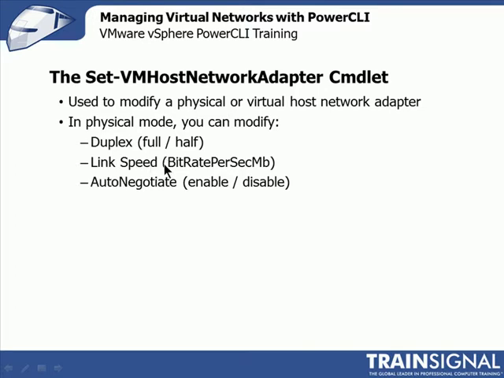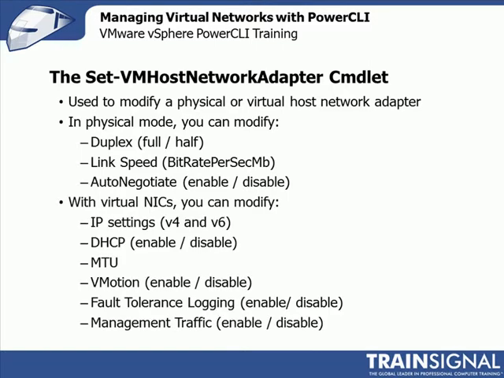Your link speed can be an integer. It's usually going to be 10, 100, 1,000, or higher in some cases with the latest networking equipment. And then auto-negotiate is either enabled or disabled. And if it's enabled, you're not going to set those first two settings at all. If it's disabled, then you are going to set those first two settings.